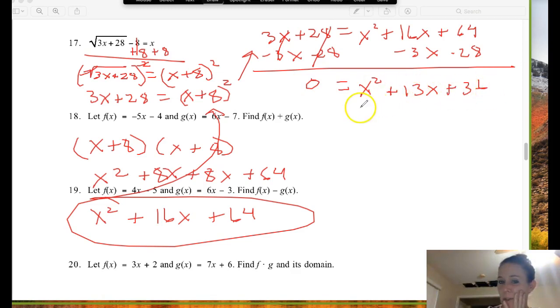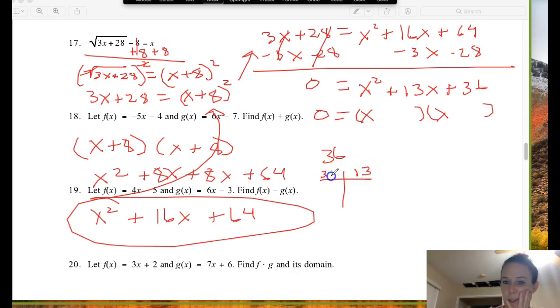Then let's factor this using zero product property. We'll figure out what will make this work. So x goes here and here. We need to figure out the factors of 36 that make 13, and sometimes I do it like this. What factors of 36 will make 13? So we need 13 here and 36 here. Well, 9 times 4 makes 36, and 9 plus 4 makes 13.